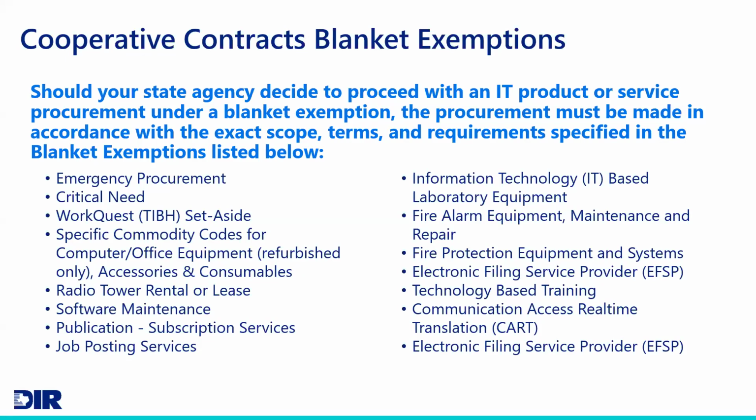That includes laboratory equipment, fire alarm equipment, other types of blanket exemptions. So if you do need to do a procurement and you see the blanket exemption listed, simply pull up this page on the DIR website, print this out, and this will cover you for those types of procurements that you need to make through a blanket exemption.